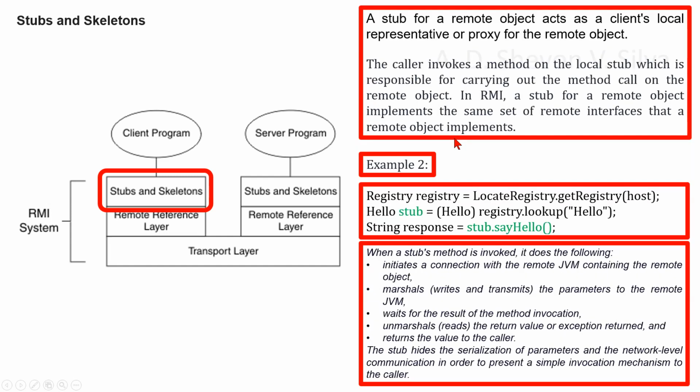Here you can see the stub method is called. When a stub method is invoked, it does the following: initiates a connection with the remote JVM containing the remote object, marshals, that is writes and transmits, the parameters to the remote JVM, waits for the result of the method invocation, unmarshals, that is reads, the return value or exception returned, and returns the value to the caller.